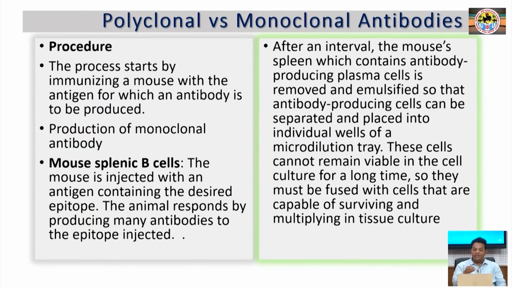A well is simply a tray-like structure generally used in the laboratory. These cells cannot remain viable in the cell culture for a long time. Which cell? The B cell, a point to be noted here. This is very important. These cells cannot remain viable in cell culture for a long time, so they must be fused.